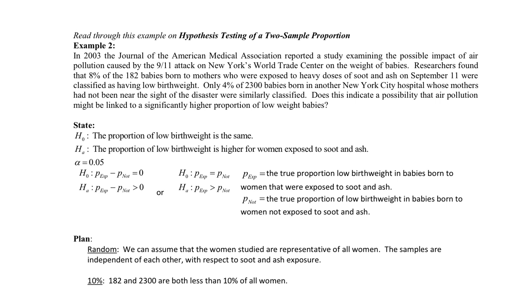If I read my own thing, I would understand. The proportion of low birth rate is higher. So we're looking at the proportion, not their weight. Sorry, this isn't a means problem. So the proportion of low birth rate is higher. That makes sense now. Okay. So yes, that difference would be greater than 0, or that those exposed would be greater. For some reason, I was thinking about means, the actual birth rates.